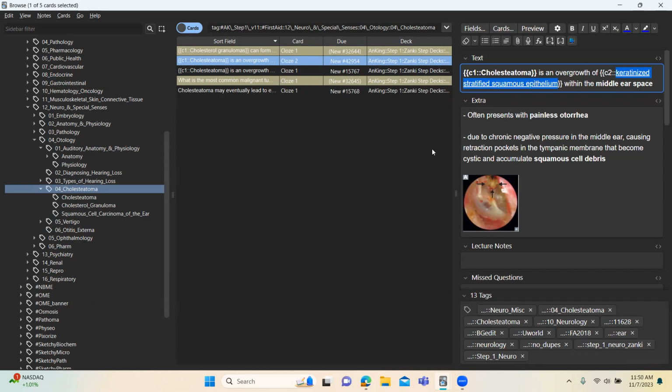So it is cholesteatoma, which is what this card is referring to, as well as what was on the PowerPoint, but is an overgrowth of benign, it's benign, not malignant, benign keratinized stratified squamous epithelium.